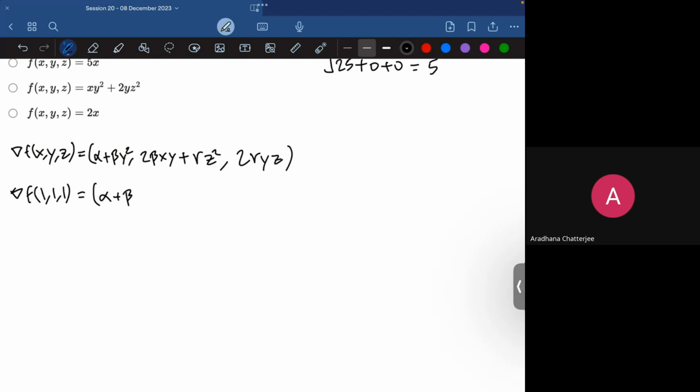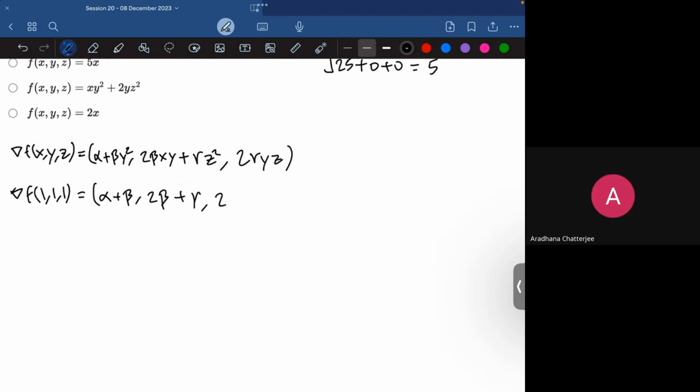Now the second element is twice beta plus gamma. We're putting in 1 for x, 1 for y, and we also have z square here, putting in 1 for z. So we're left with 2 beta times 1 into 1, so just 2 beta, and this is also 1 squared. So we have 2 beta plus gamma, right? And in the last one we just have 2 gamma.